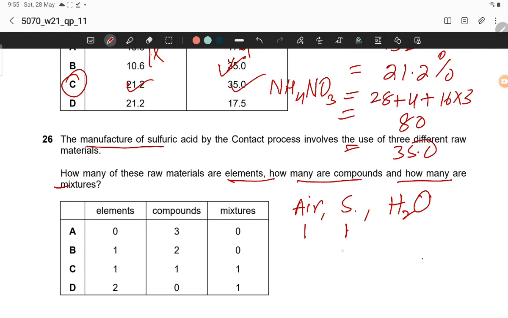So one is an element, one is a mixture, and one is a compound. So C must be correct.